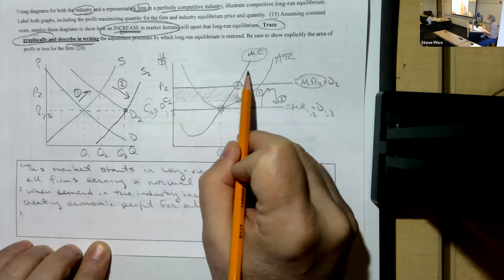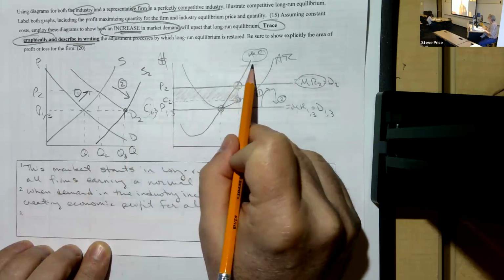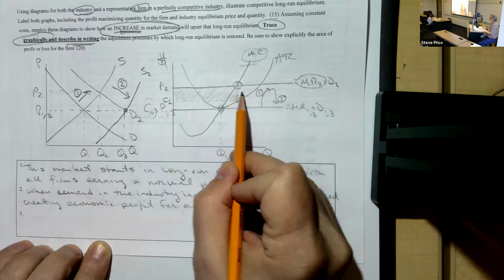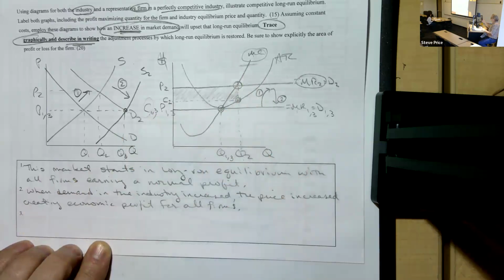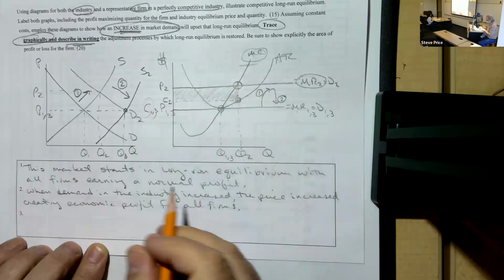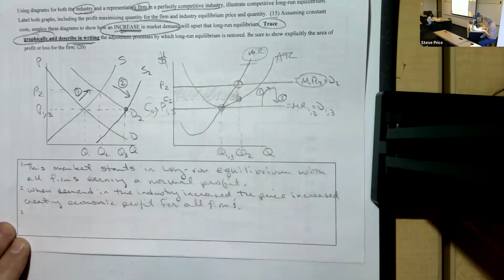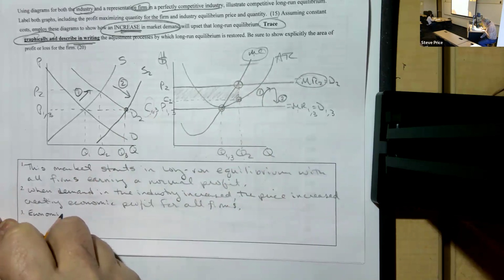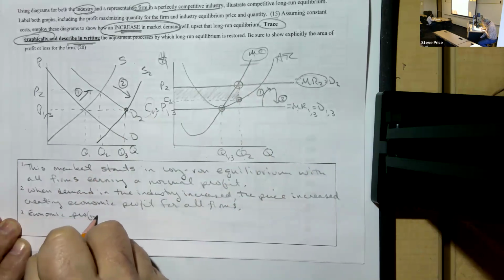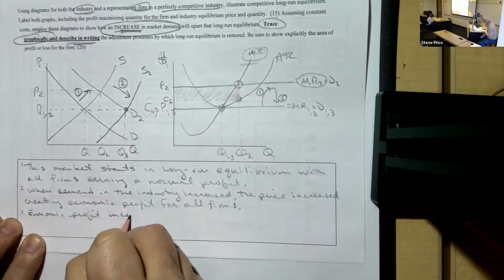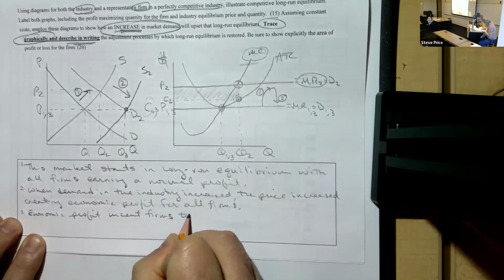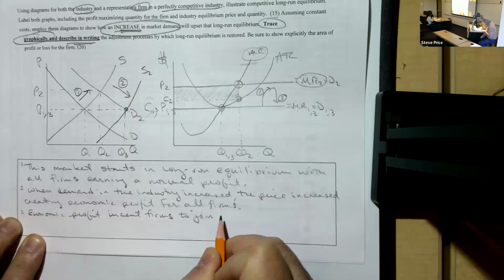Okay. And so if we had a different one, let's say we had a price up here, then there would be our C right there, along our y-axis. Good. And so lastly, all we say here is, economic profits incentivize firms to join the industry.